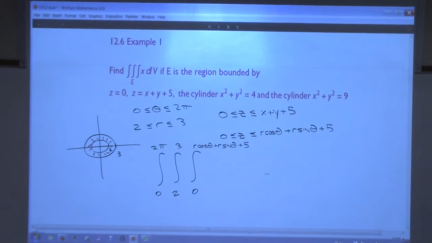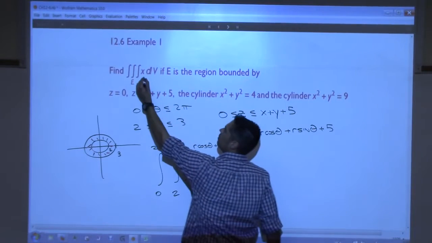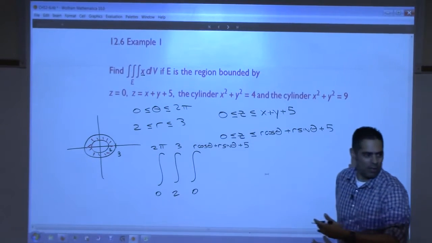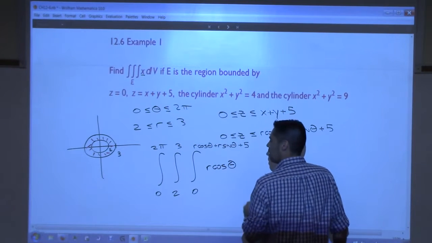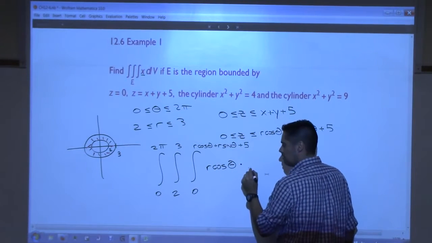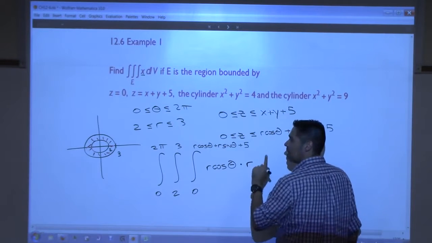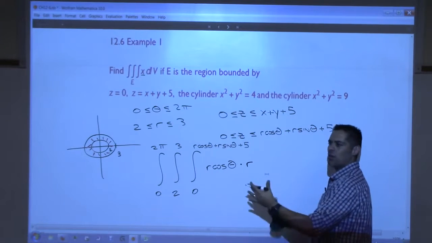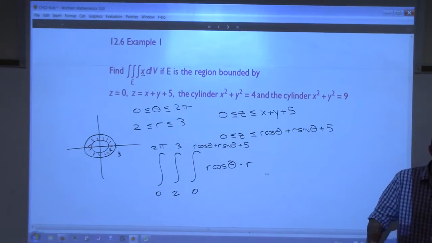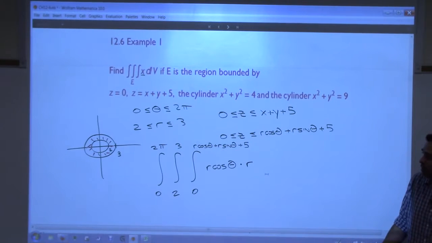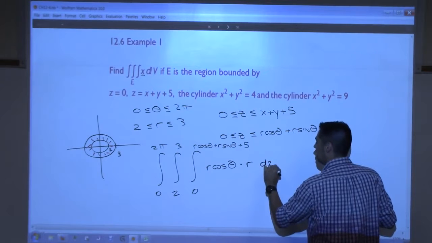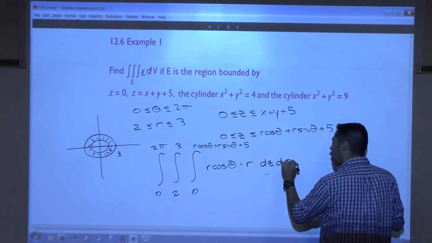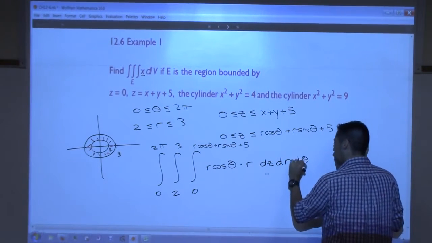What am I integrating? x. But what's x? I have to convert. r cosine theta. And then r, because I went to polar, right? I went to cylindrical, which is the same as going to polar. You must have the r in there. And now what are your differentials out here? dz, dr, d theta.